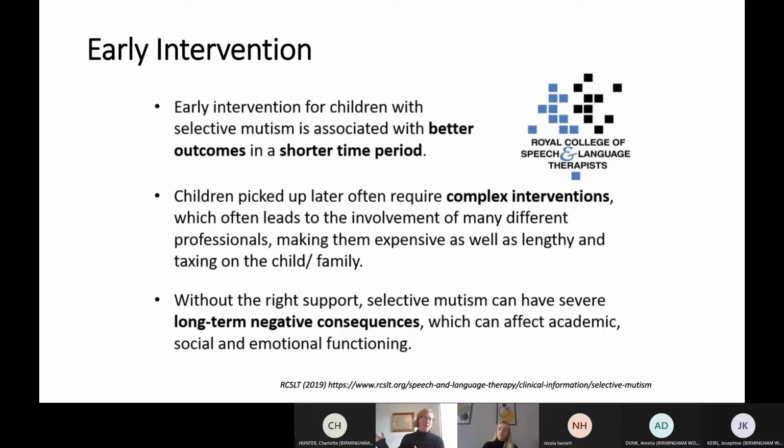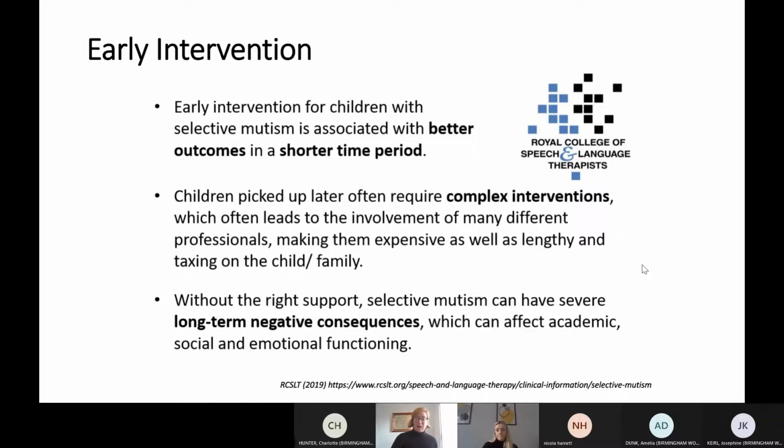And then obviously having selective mutism will compound any other mental health difficulties the child has. So it can also prevent mental health difficulties in the future. Children picked up late often need far more complex interventions because their mutism is entrenched within them and also their family and educational unit.